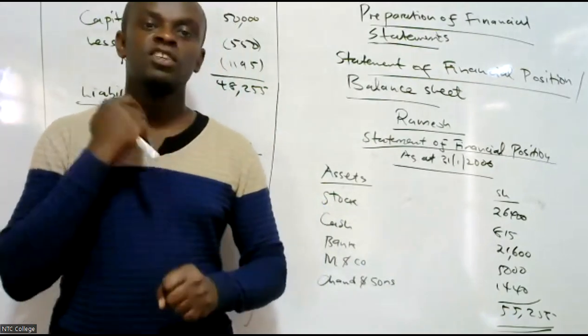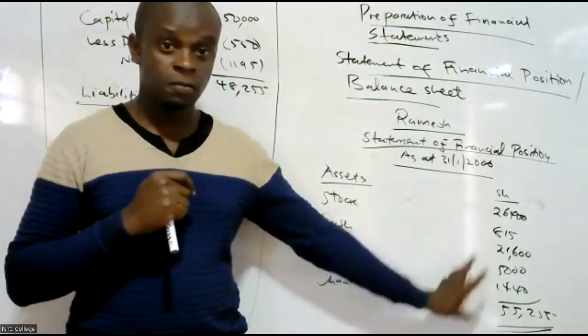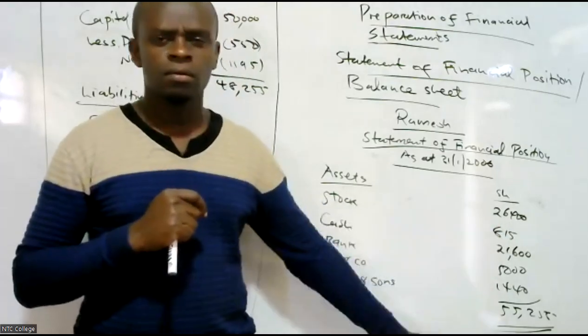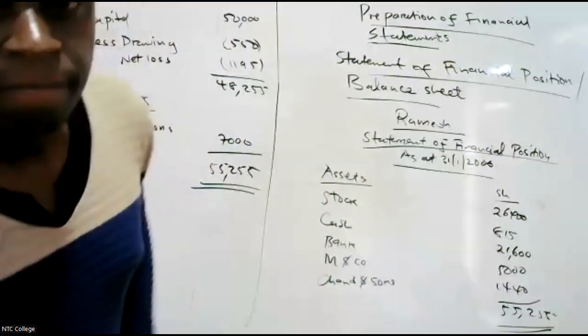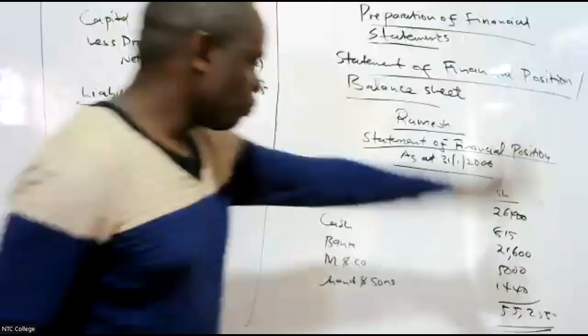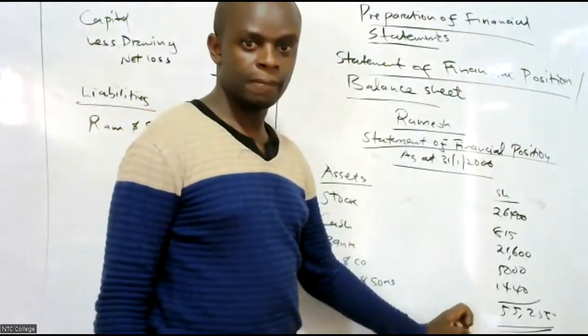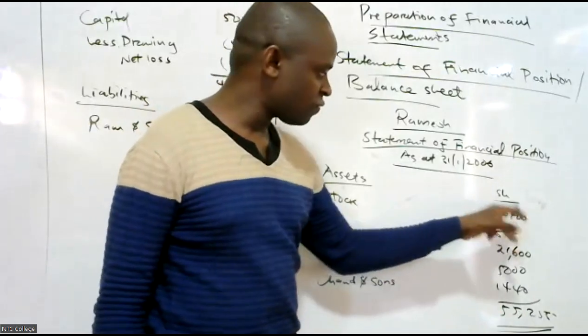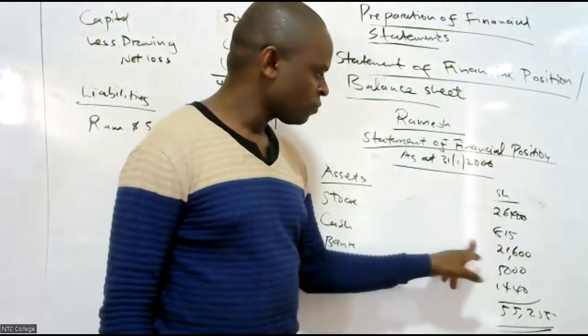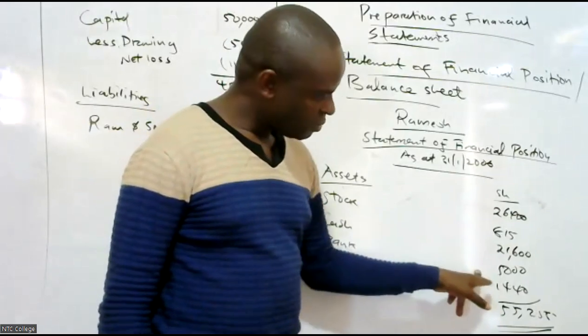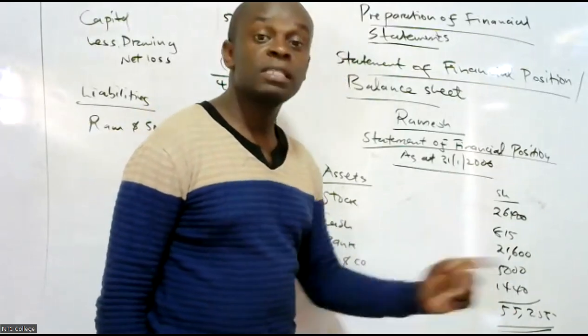How much are you getting on the asset side? Your assets total was how much? If you add 26,400 plus 850 plus 21,600 plus 5,000 plus 1440, how much are you getting?